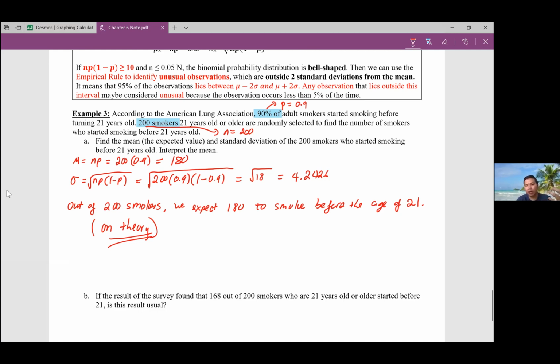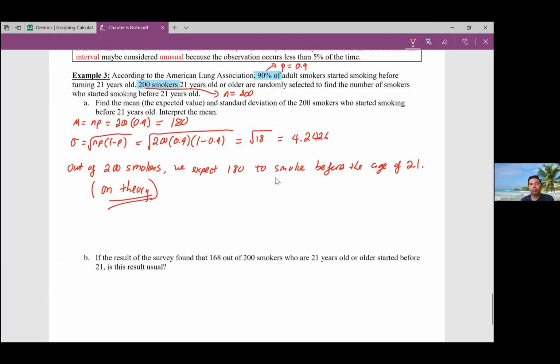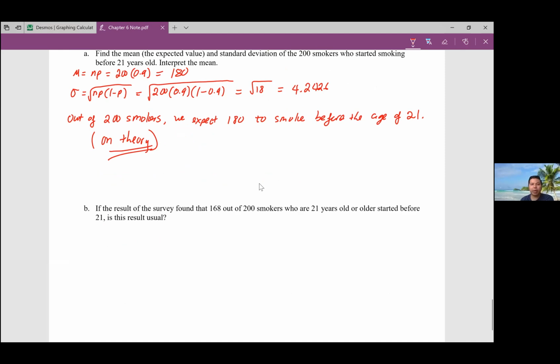Everything's still a theory. Now you go out there and you ask people. That's what part B is about. If the result of the survey found that 168 out of 200 smokers who turn 21 years old or older started smoking before 21, is this result unusual?